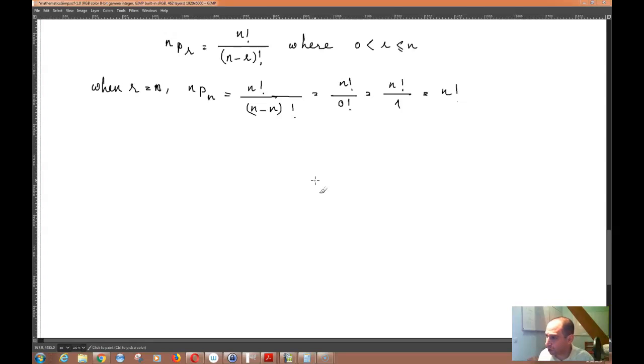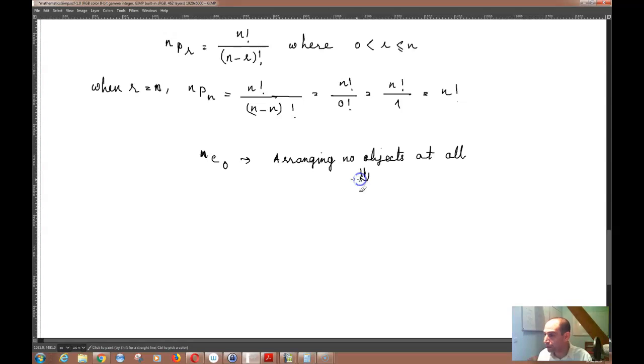And arranging no objects at all, meaning that when you have n combination 0, or arranging no objects at all, is the same thing as leaving behind all the objects.